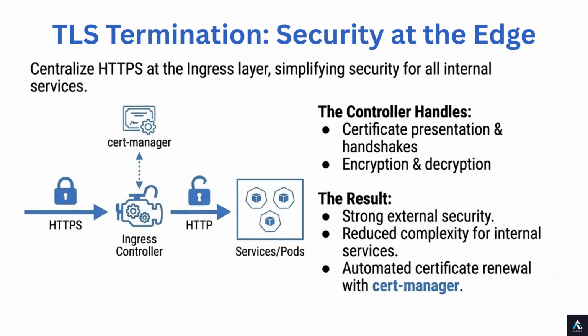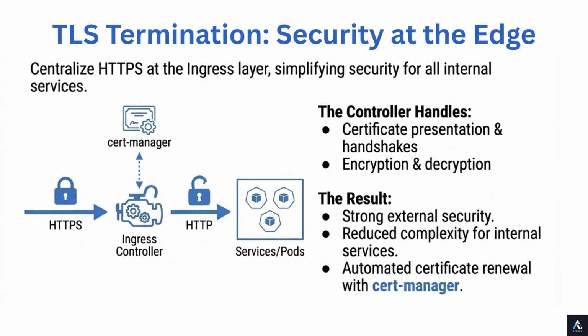Security is not optional, and Ingress plays a central role in making sure it's enforced consistently. Rather than configuring TLS separately on every individual service, Ingress allows you to centralize HTTPS right at the edge of the cluster. At that edge, the Ingress controller takes responsibility for terminating TLS. It presents the certificates, handles encryption and decryption, negotiates protocols, and manages the secure handshakes with the client.